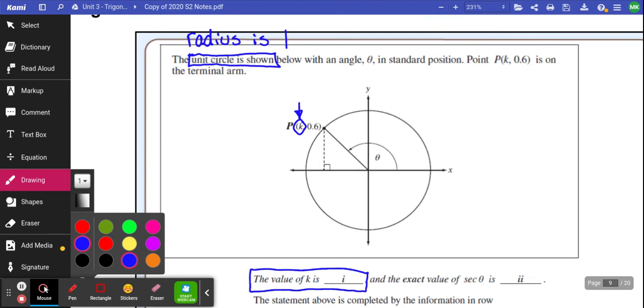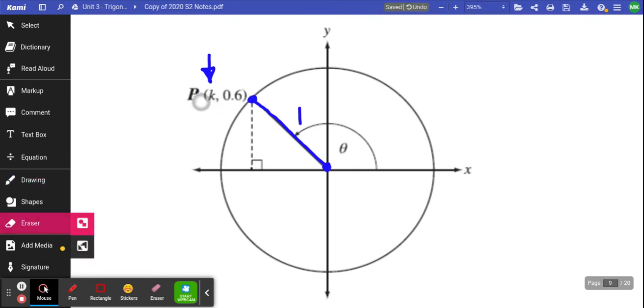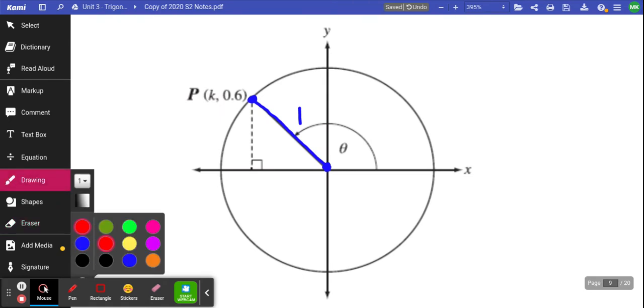So when you look at your diagram, you actually know this distance right here is 1. You also know that this distance, 0.6, is your y value.